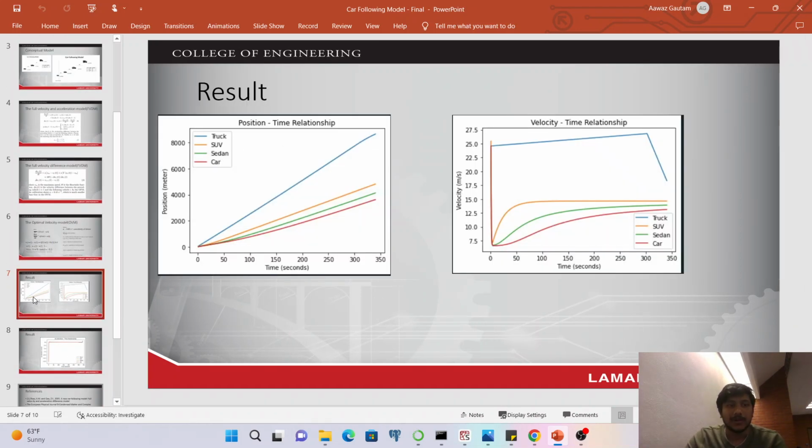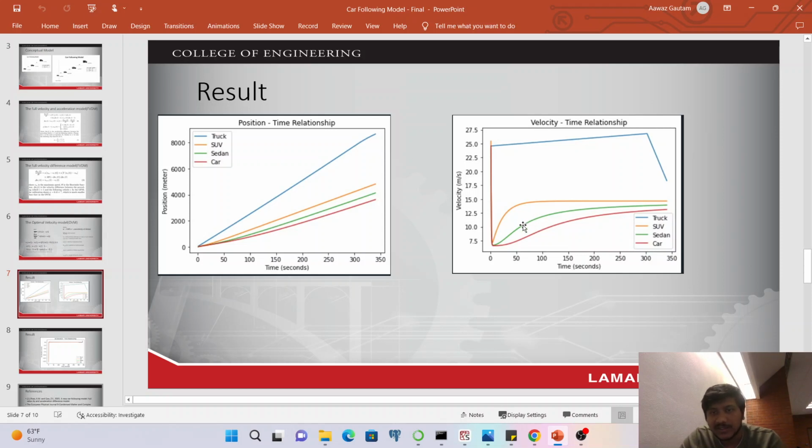We ran this function in Python and got the results of position versus time, where we can see that there is no collision, and the second graph shows velocity versus time. In the first graph, in our question, the truck's initial velocity was 55 mph, and after 5 minutes of acceleration it goes to 60.